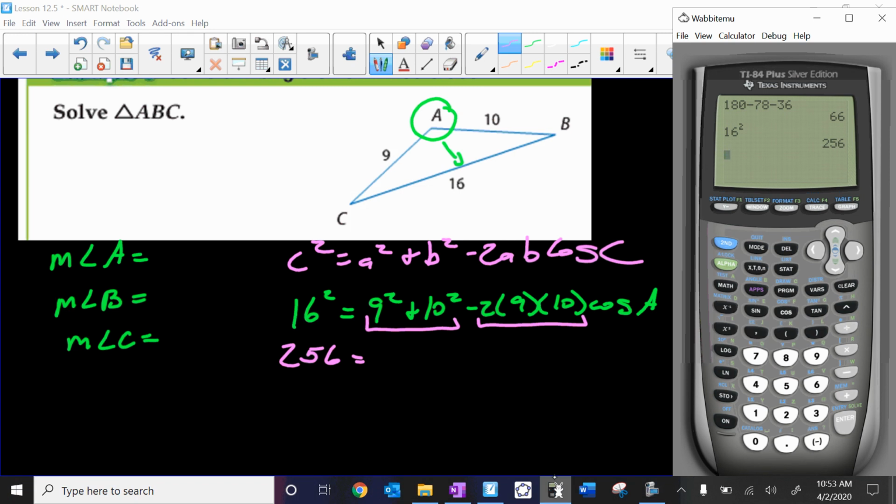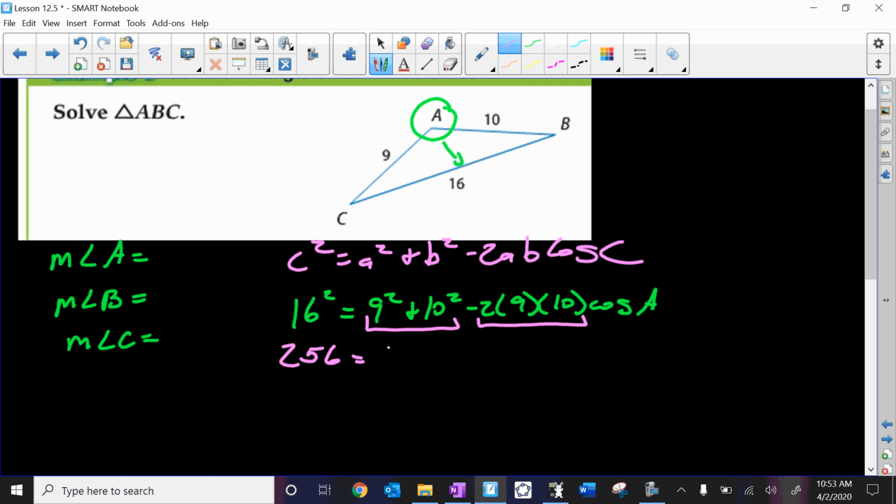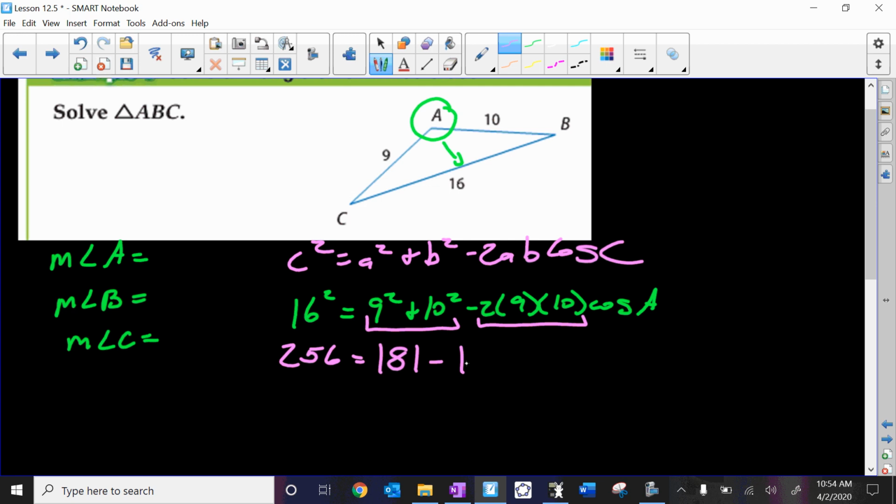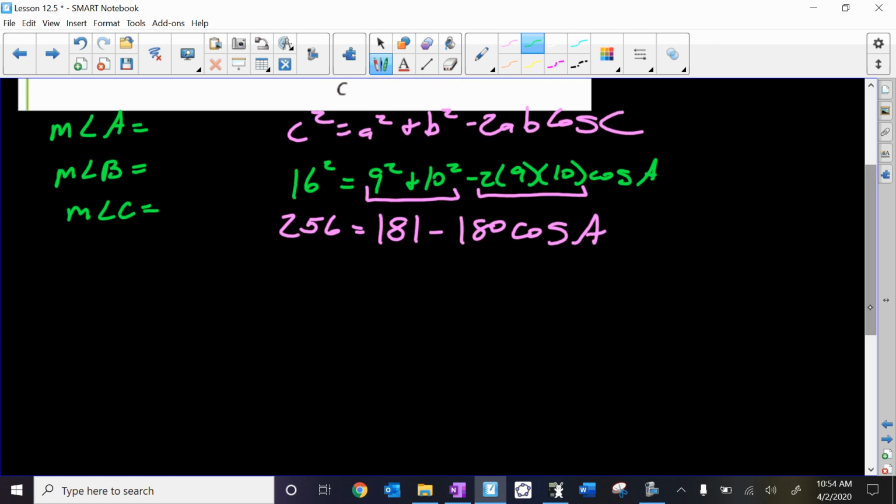So we're going to take 9 squared plus 10 squared, which is 181, minus, and now we may take 2 times 9 times 10 to get us 180 cosine of A. Just like what we said before, I still can't subtract those, 181 minus 180.